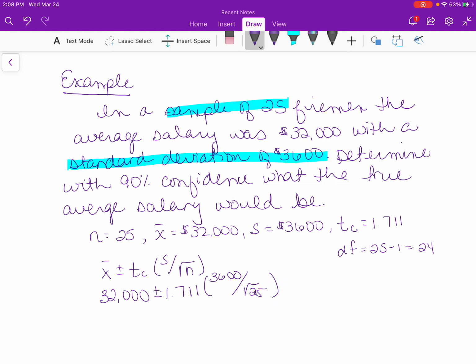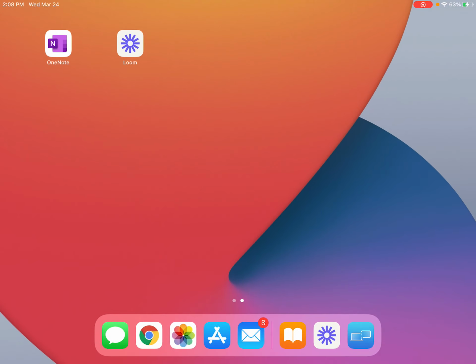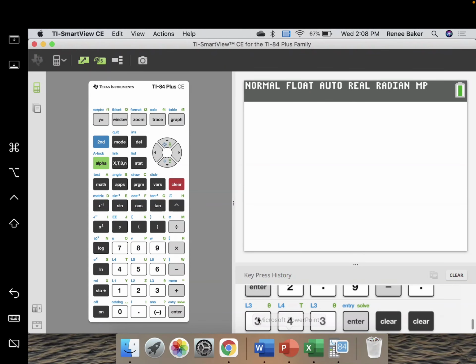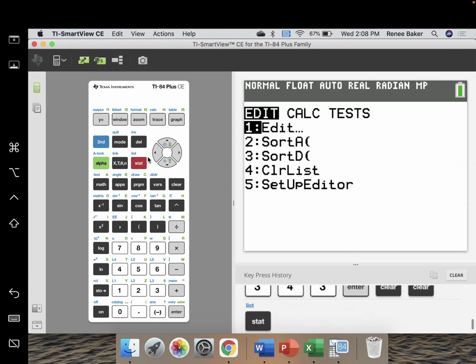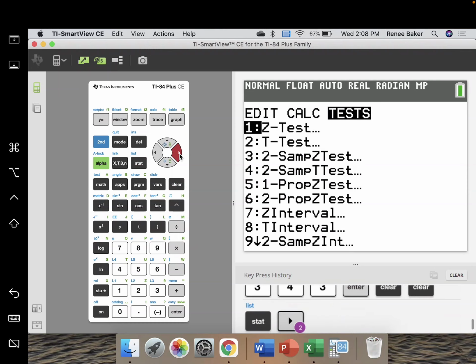Now, this is where I said I failed in the first section to show you where to do this on the calculator. So if you go to your calculator and you hit the Stat button and you go over to Tests, this is where everything from chapters 6 and 7 will be.